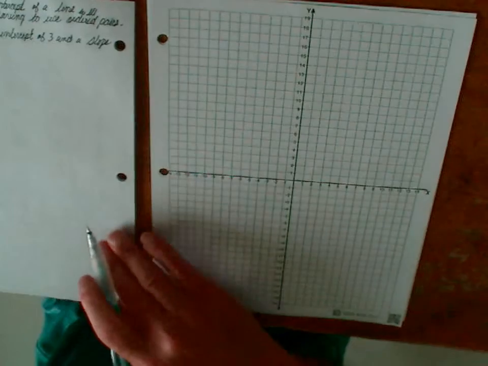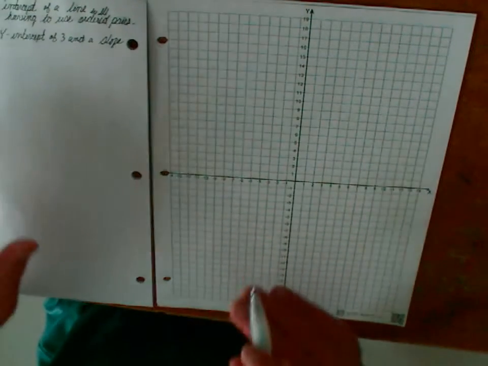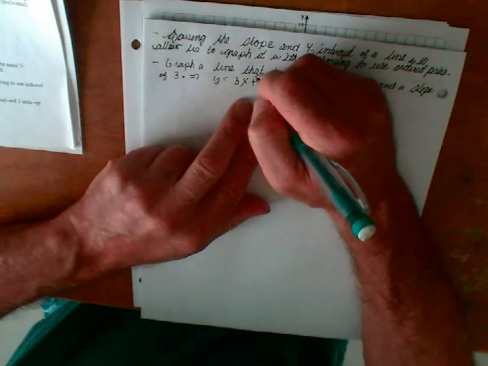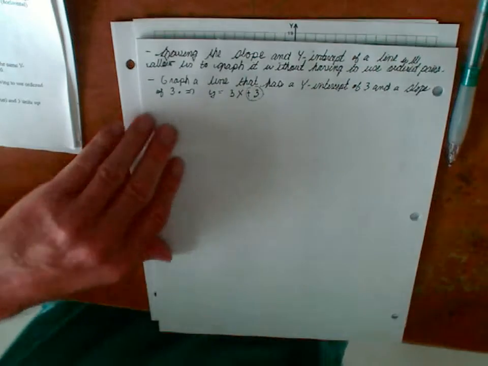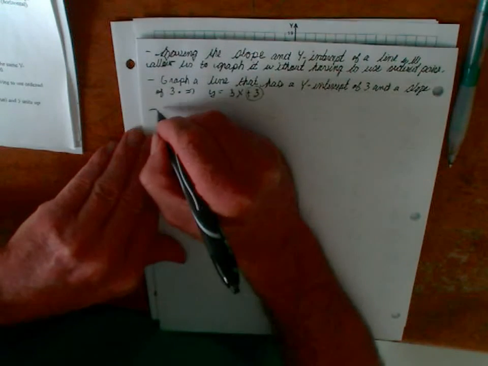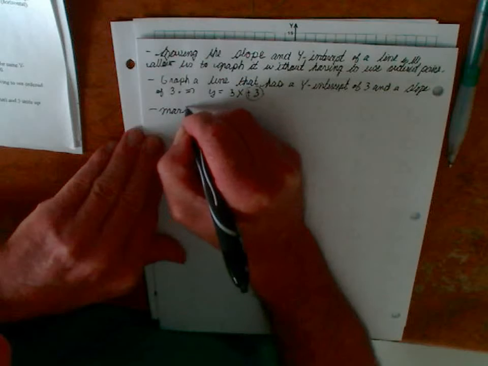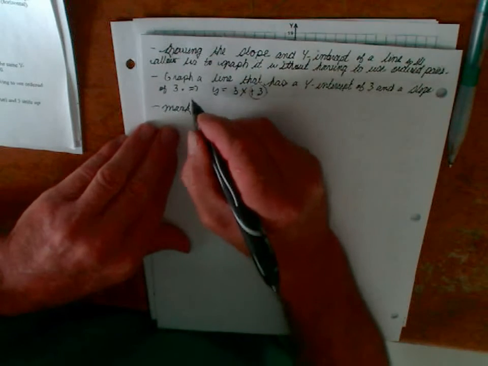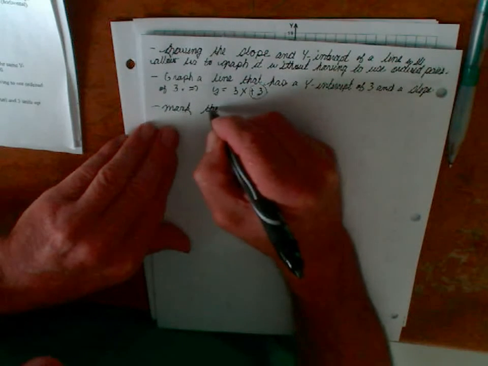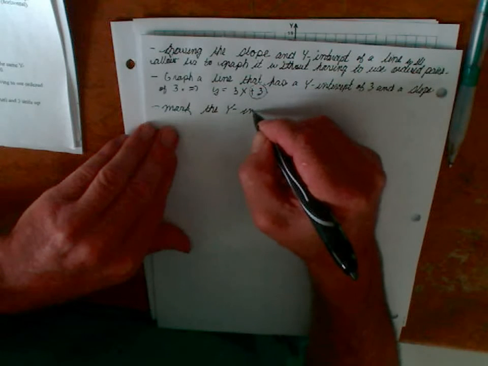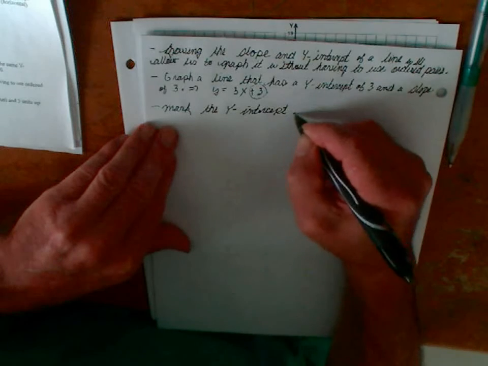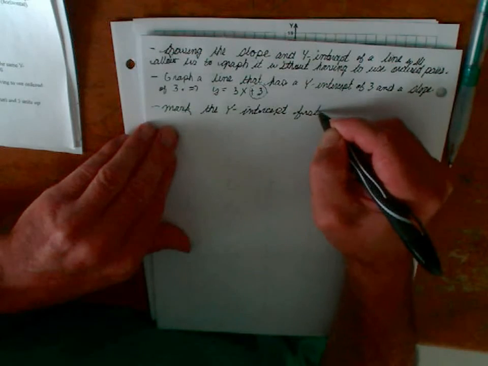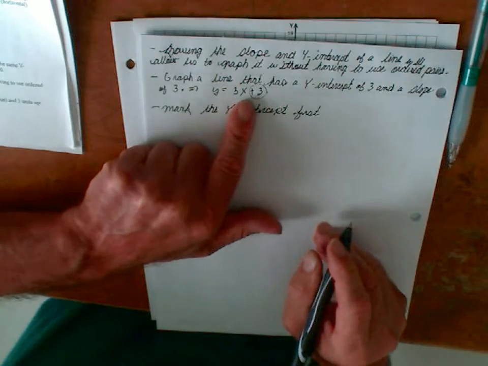So what we want to do first is put the y-intercept, and this is where we start. Mark or plot the y-intercept first. In this case, it's plus 3.